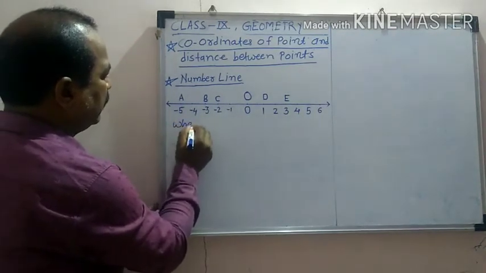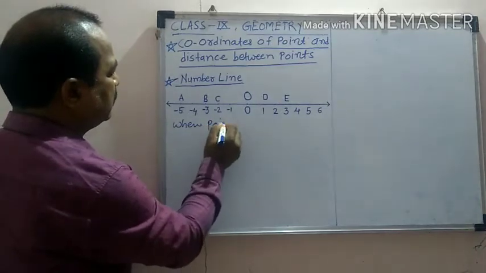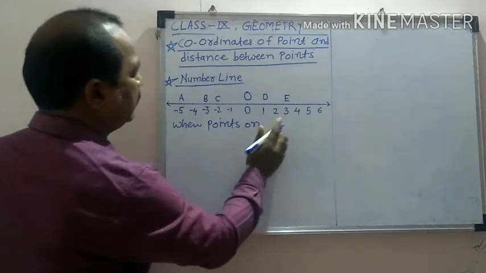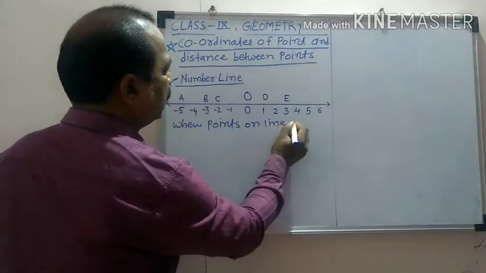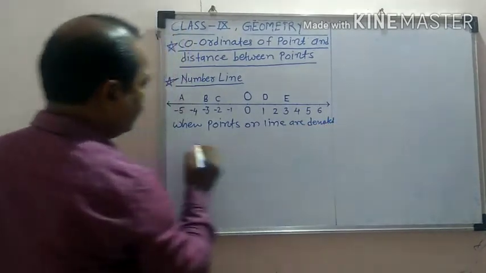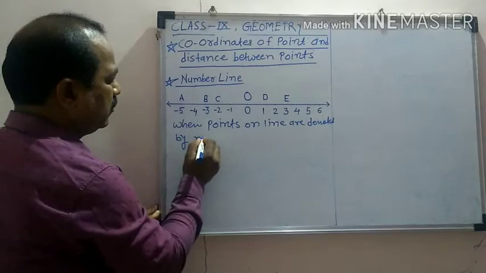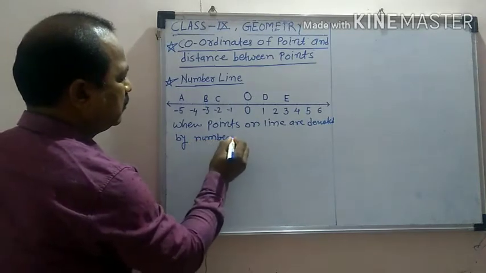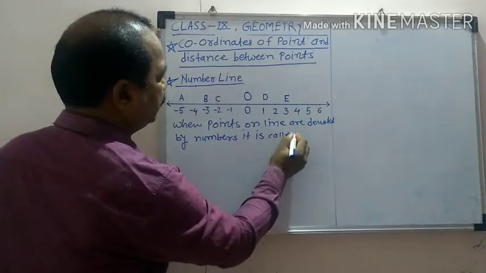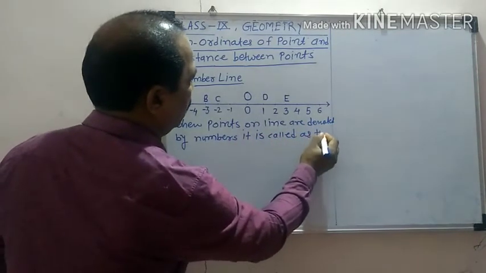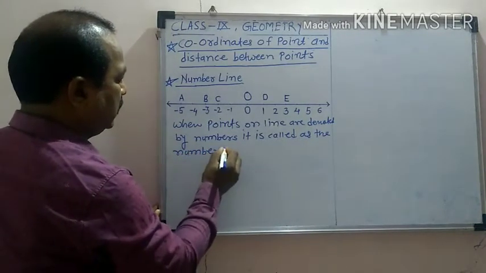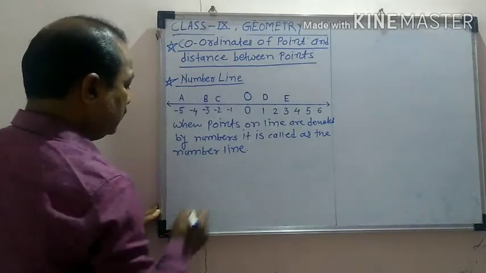When points on a line are denoted by numbers, it is called the number line.